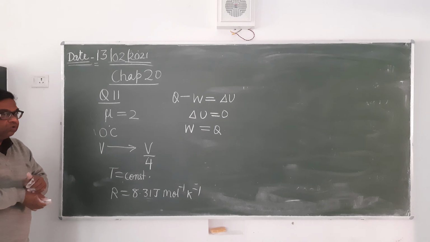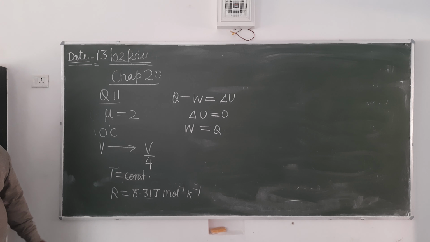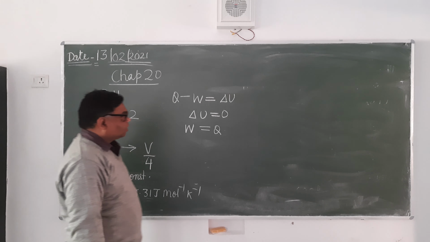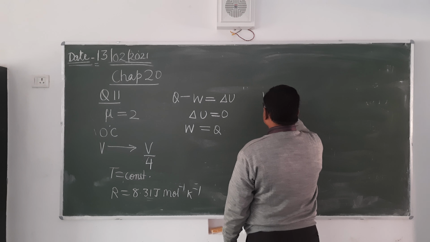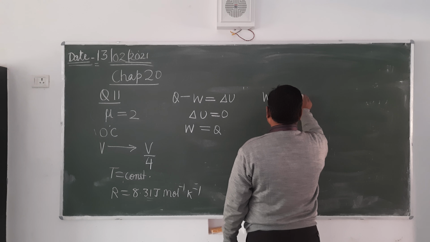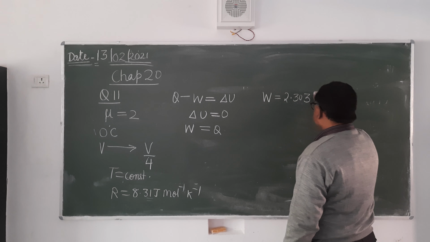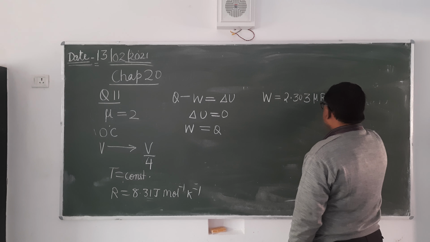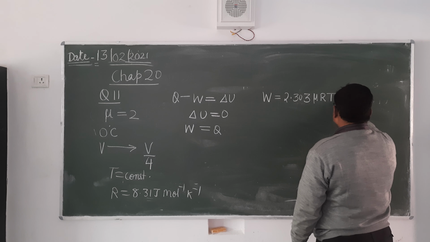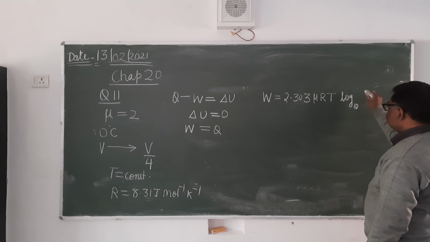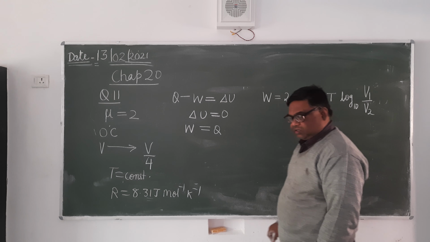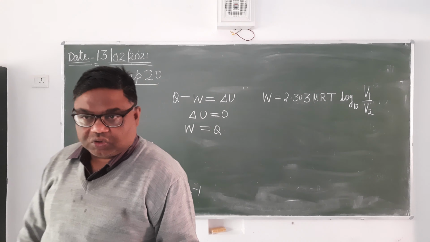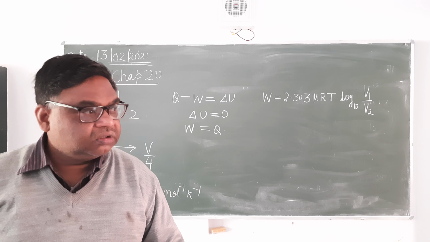W equals 2.303 mu R T, then log to the base 10, V1 upon V2, initial upon final, you can see here.